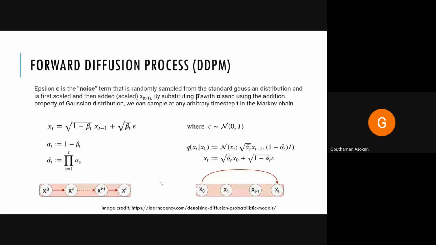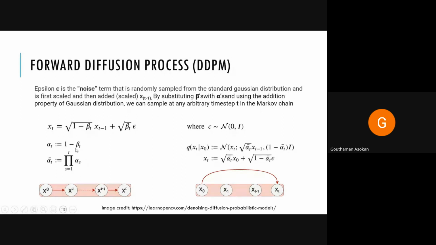Let's say there are 1,000 steps or 10,000 steps. Noising it iteratively to that 1,000th or 10,000th step is a tedious task, and we can get around this by going directly from x0 to xt using an additive property.